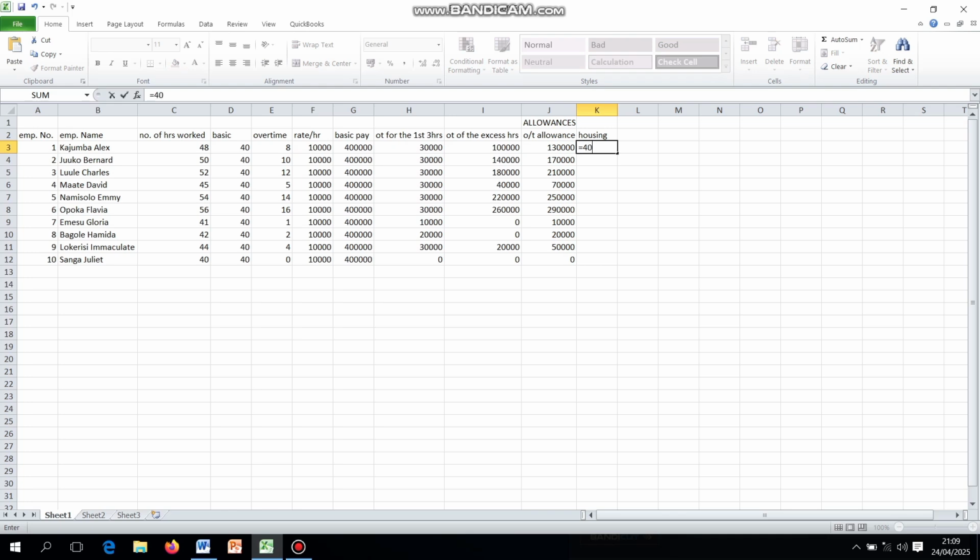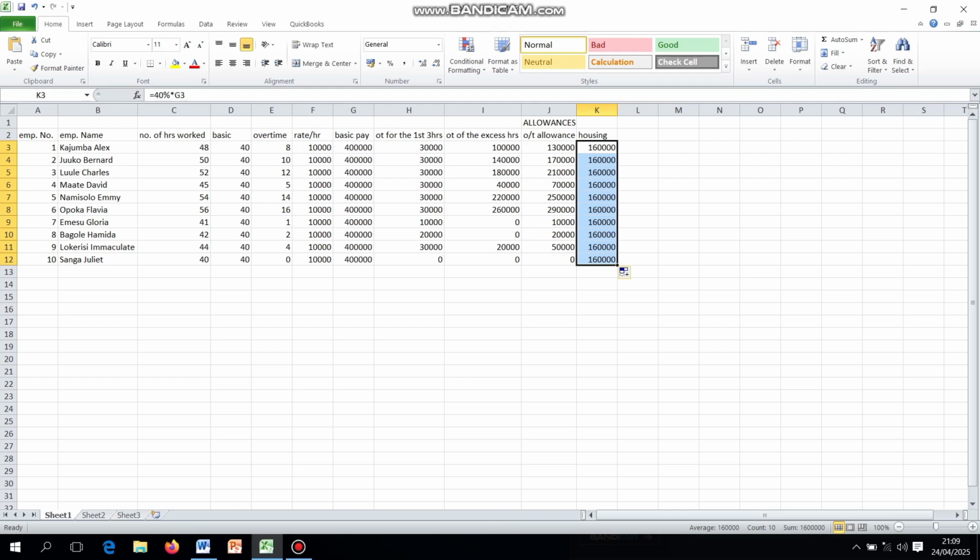I'll write the 40%. Then I will multiply it with the basic pay, because they said it is of the basic pay. So the basic pay is here. I'll press enter. Then I'll auto scroll.